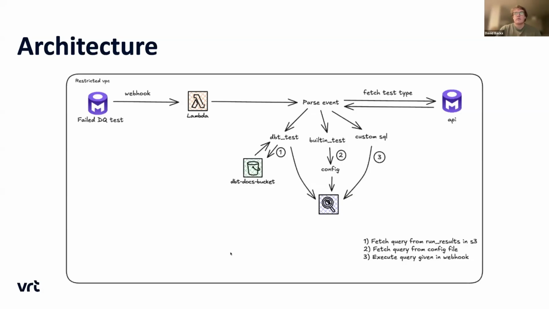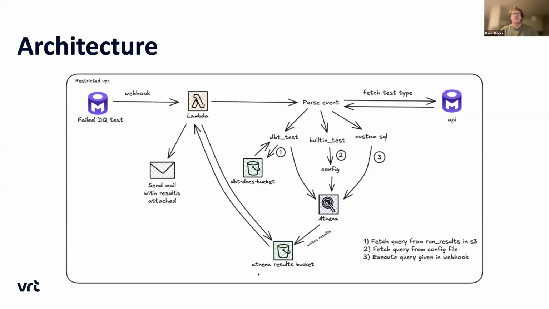We run it through our data warehouse, Athena in this case. Athena saves the output to a bucket. The function retrieves that data and then creates the email with the results as an attachment.